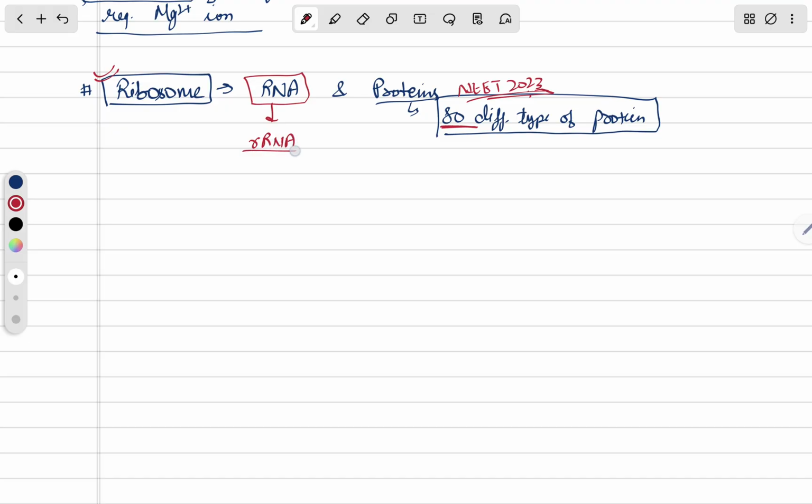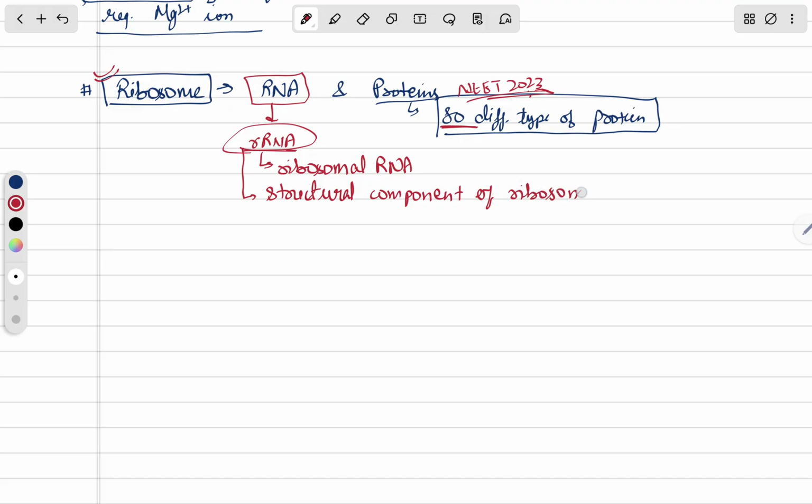Now what is rRNA? rRNA is ribosomal RNA. This ribosomal RNA or rRNA is the structural component of ribosome, right?